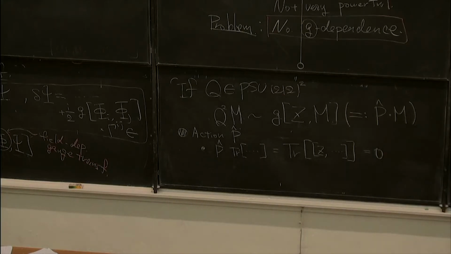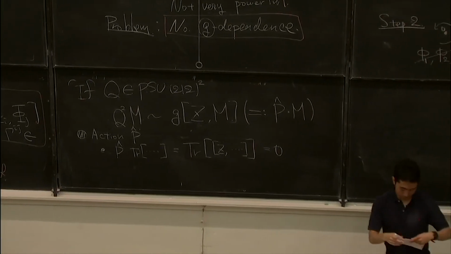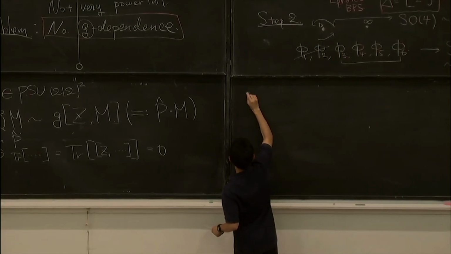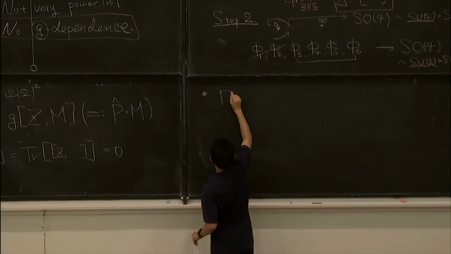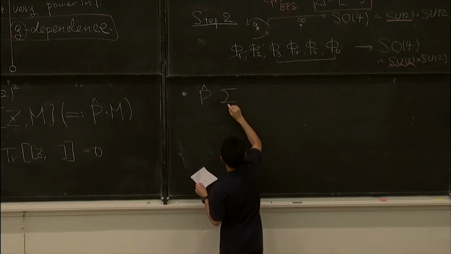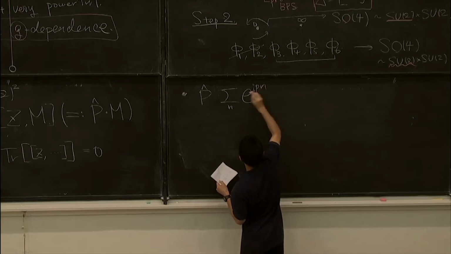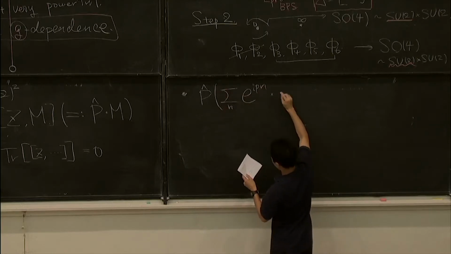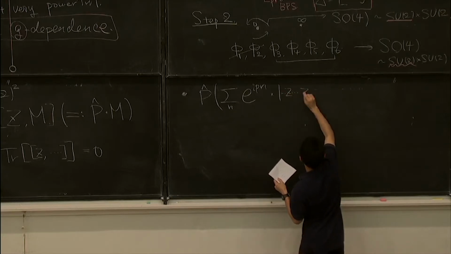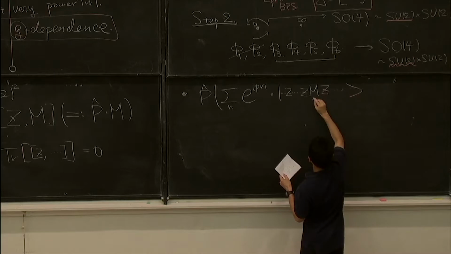To see the consequence of that, let's consider the action of P on something like a one-magnon state, e to the i p n plane wave state, times that Z. So you have a string of Z's, and then you have M's at n's position.